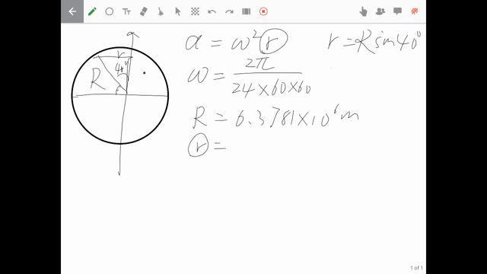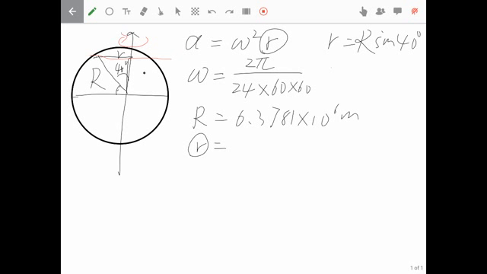Because the Earth rotates around this axis, and at this plane the rotation of the Earth is a circle, and the radius of that circle is the lowercase r. It still doesn't really make much sense to me.